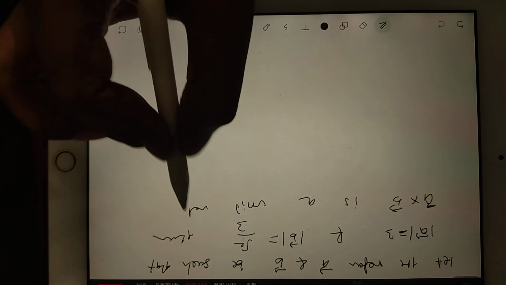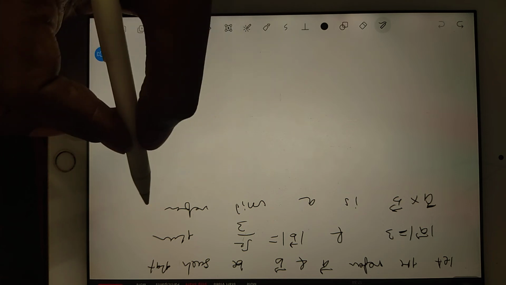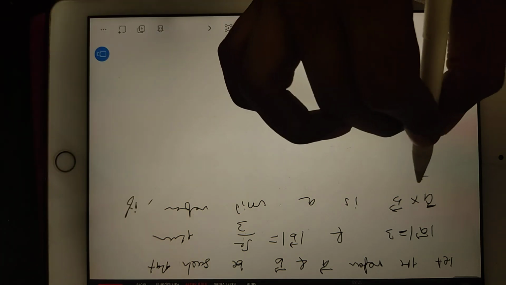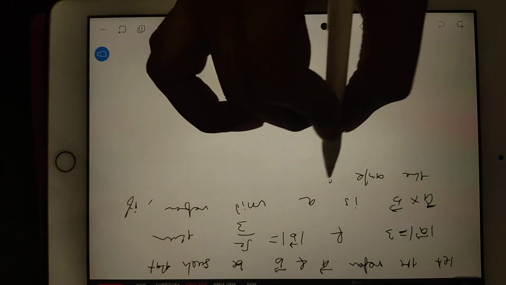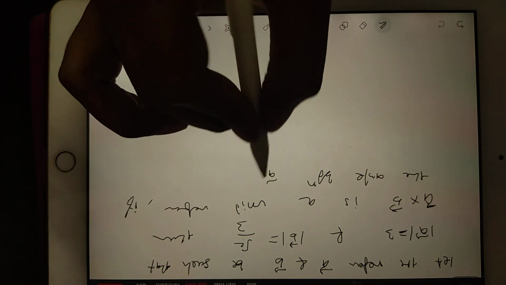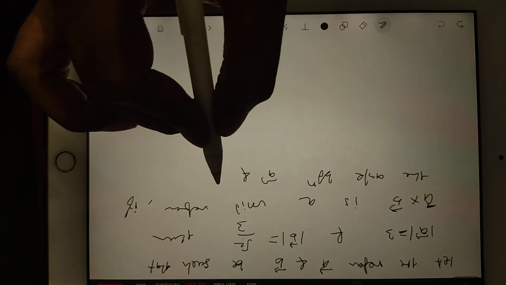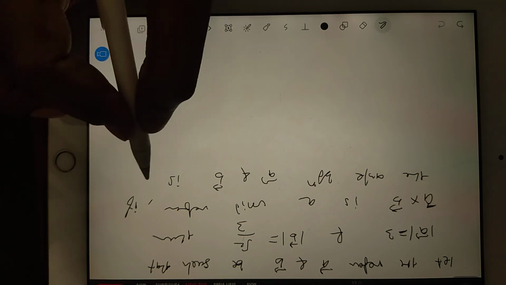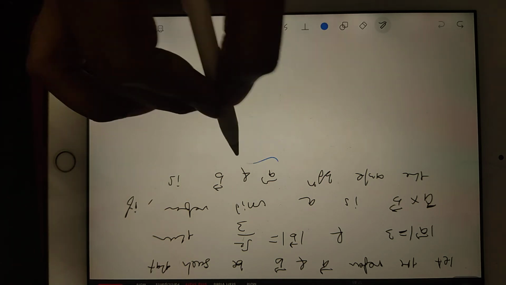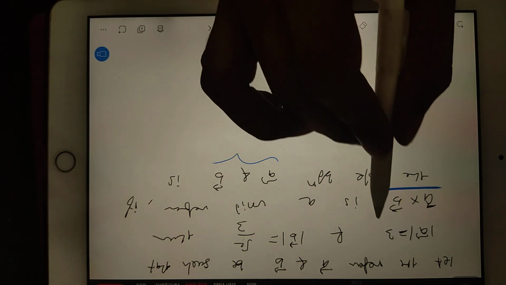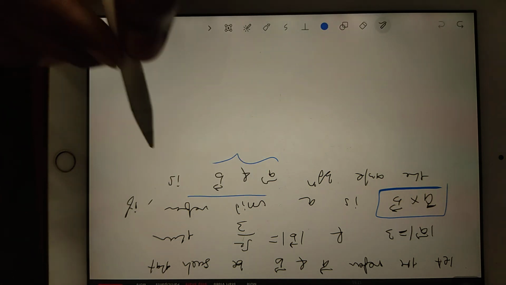Now see how they are twisting the question. Unit vector. If the angle between A and B is, like for what angle will this A cross B behave like a unit vector.